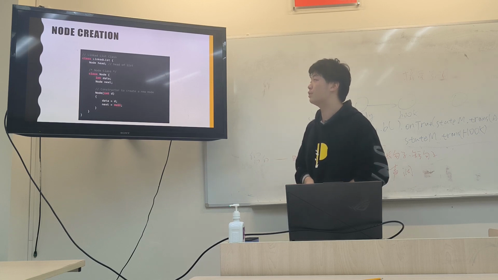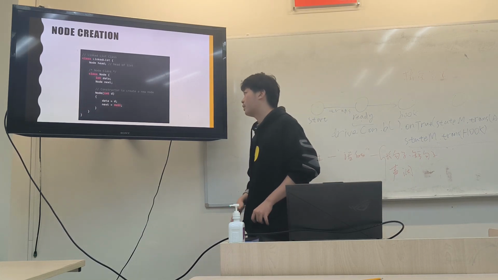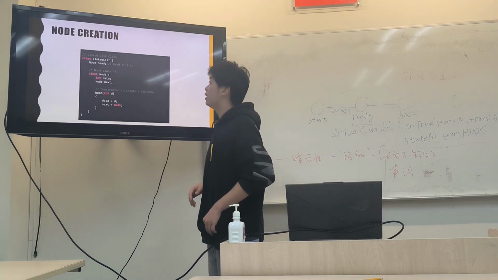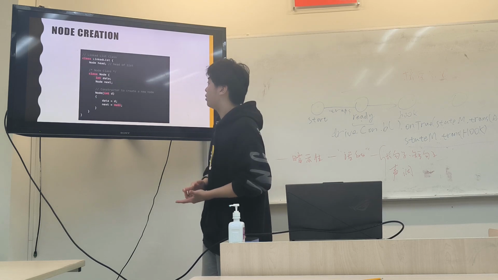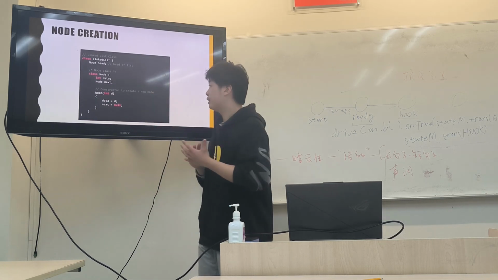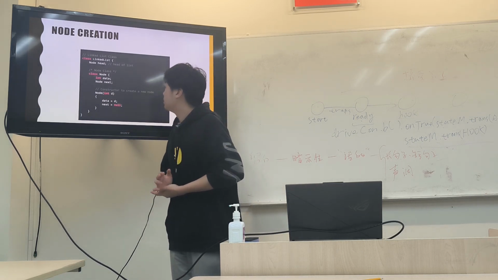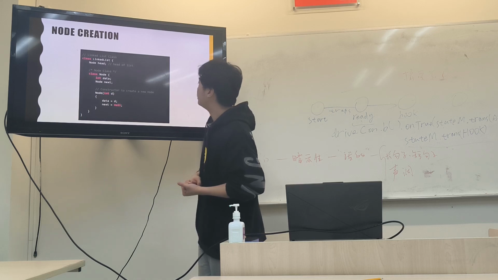So the first code is to create a node. So we have a class called LinkedList here, and we have a node type called head, and the Node is also a subclass. It has two fields.